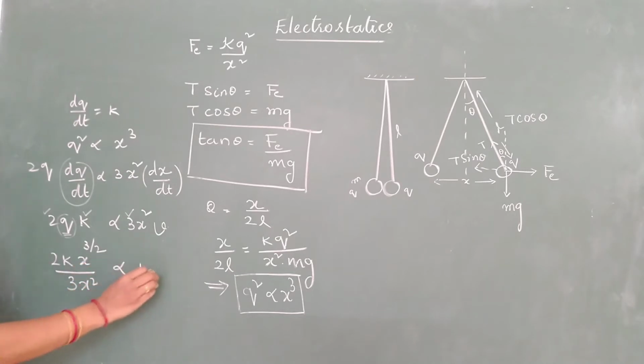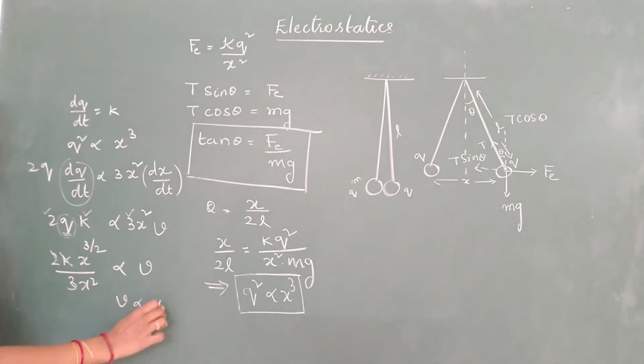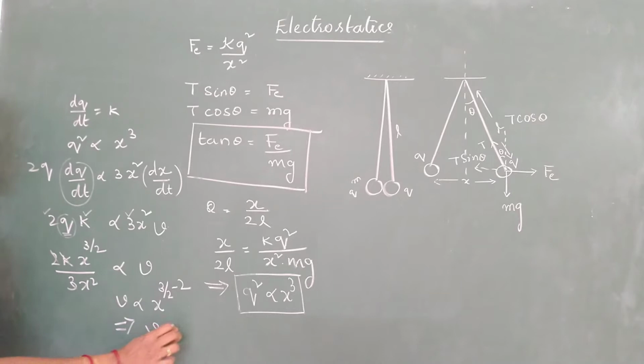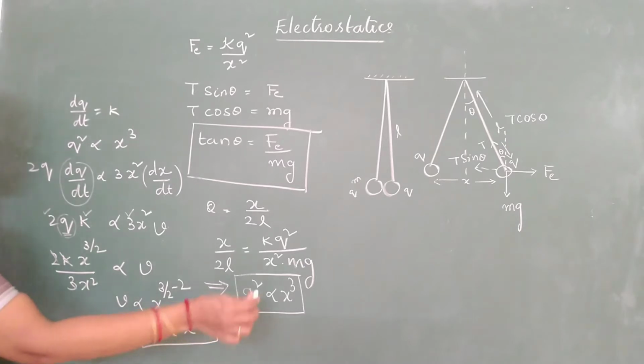by 3x square is proportional to velocity. If I consider all these constants or remove all the constants, how is speed related to distance? V is proportional to x to the power 3 by 2 minus 2, implies pendulums approach with a speed x to the power minus half.